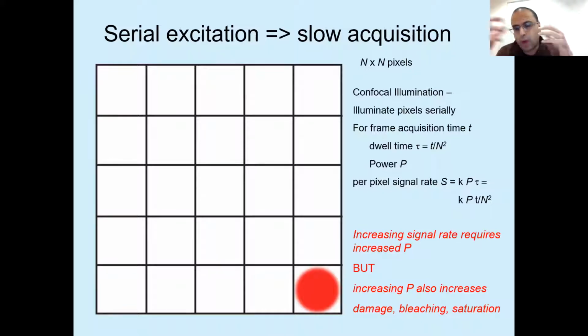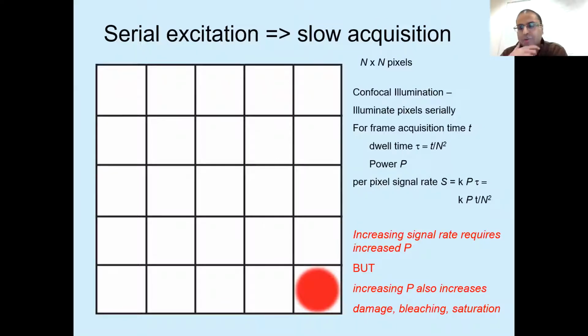And so one way of compensating for this issue, right, is, if we look at this equation, to try and amplify the power you put in. And you can do that up to a point, but the problem is that because this is a fluorescence imaging system, eventually, if you put in too much power, you saturate the excited state and you don't get any more fluorescence out.